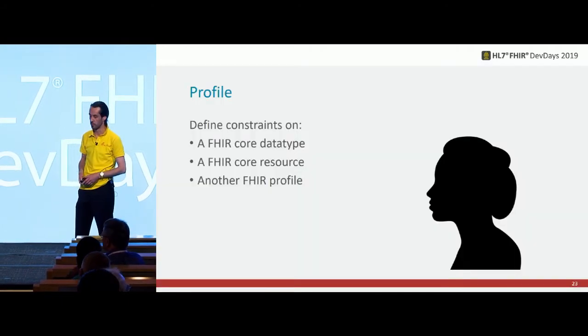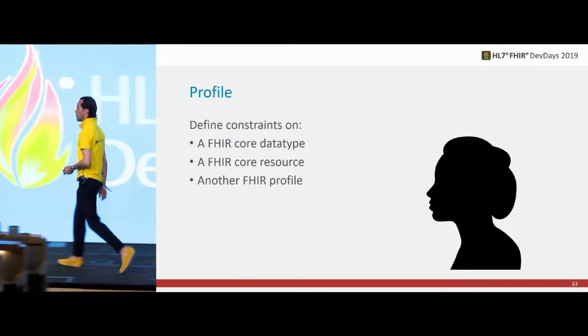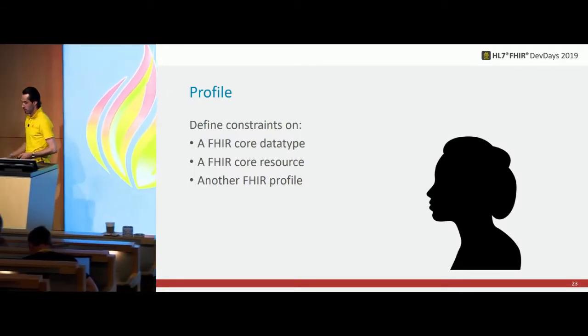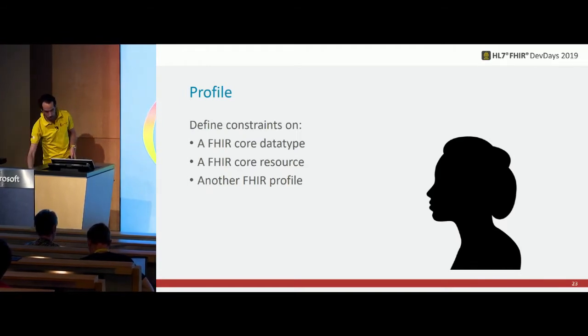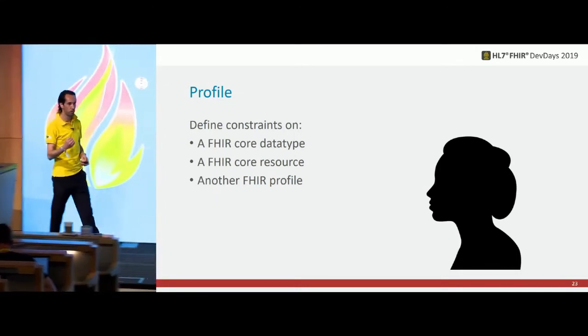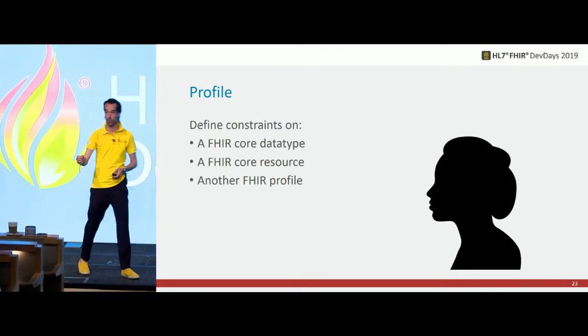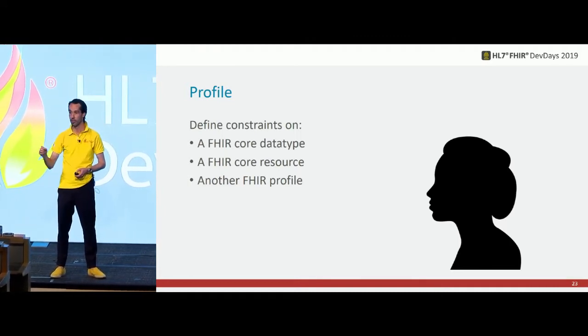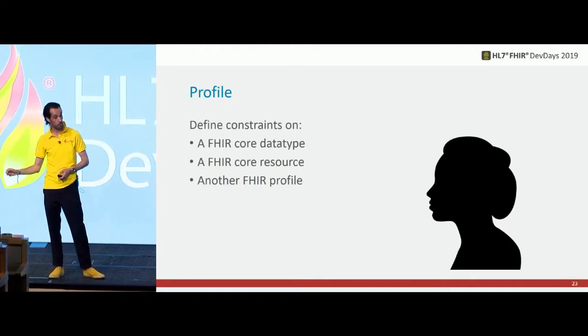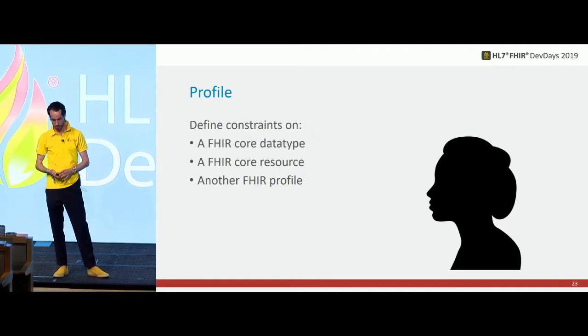Let's go into profiles. So what is a profile? The term is kind of heavily overloaded within HL7 specs. But within FHIR, I always use the term profile to describe a set of constraints on a data type, a set of constraints on a resource, or a set of constraints on another profile, because you can have layers of these.